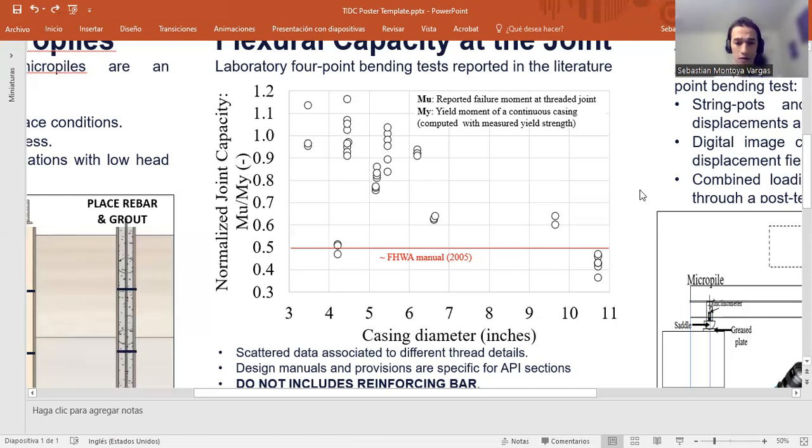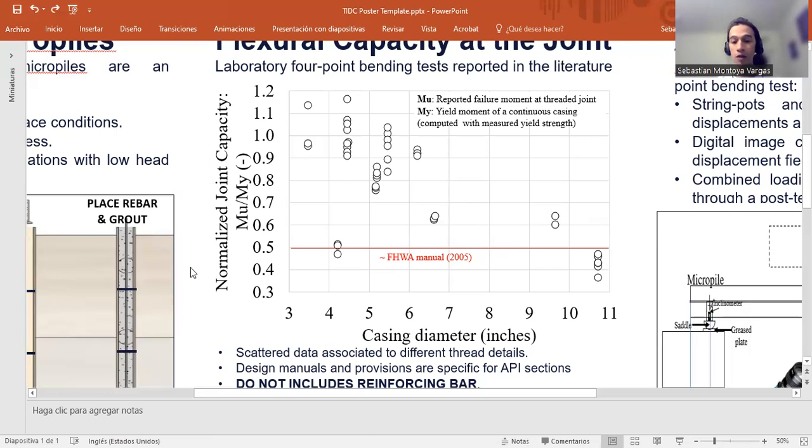What we observe is that as we go from smaller to bigger diameters, this ratio reduces. It means that the bigger our pile gets, the less we can expect our joint to take full advantage of the capacity of the pile. And what I'm showing in addition is a red line that is the estimation based on the FHWA manual provisions for all these different diameters.